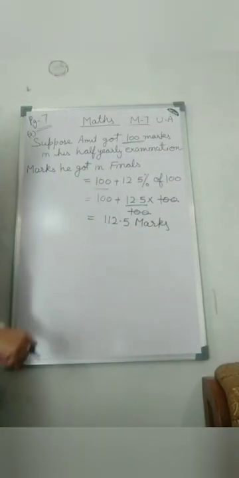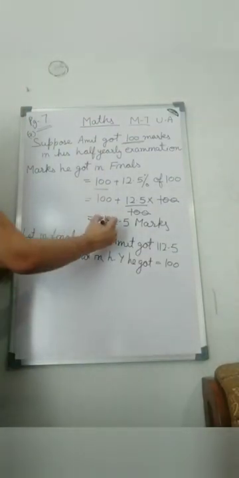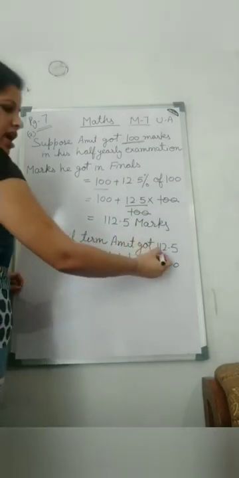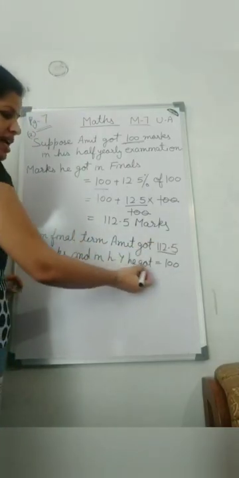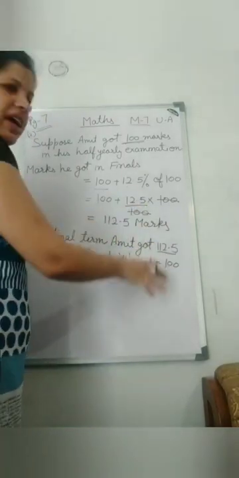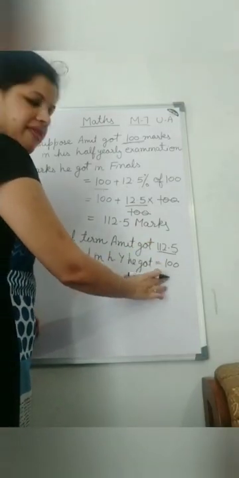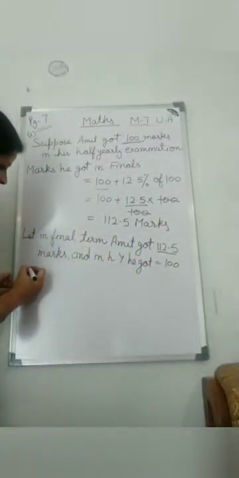Now what next? So he got 112.5 marks. Now next, let in the final term Amit got 112.5 marks and in half yearly he got 100. So use the unitary method.